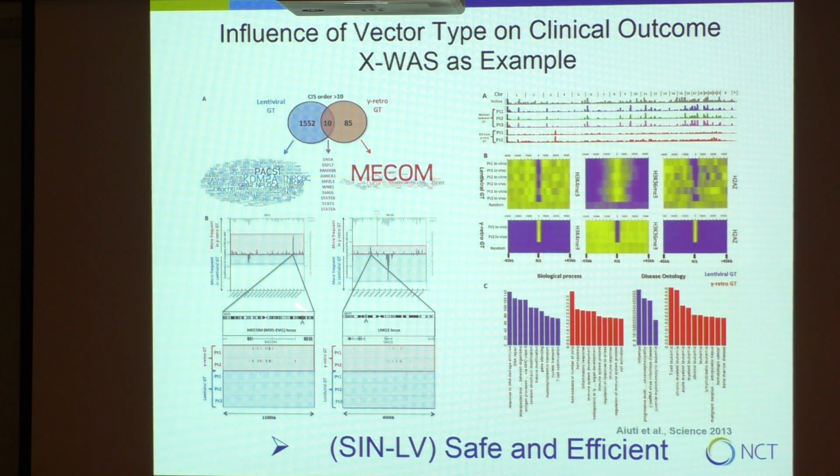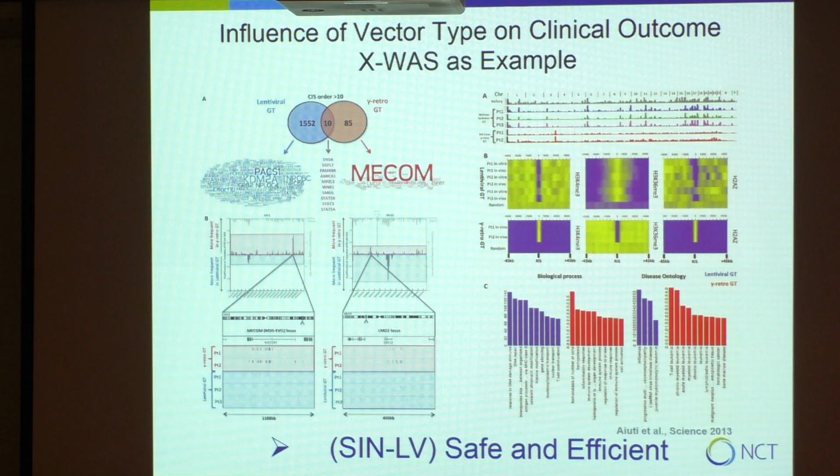Another feature is that the natural integration characteristics of lentiviruses and the derived vectors are different from gammaretroviral vectors, because gammaretroviral vectors tend to integrate near gene promoter regions, whereas lentiviral vectors are more uniformly distributed. Though they have a preference for gene coding regions, also because these genes are expressed, they are distributed over the complete gene and do not cluster at the promoter regions.